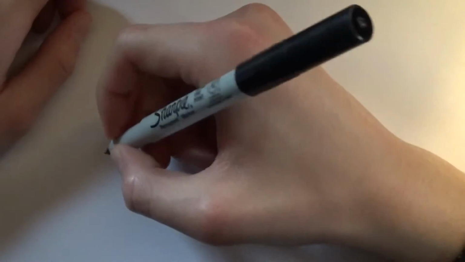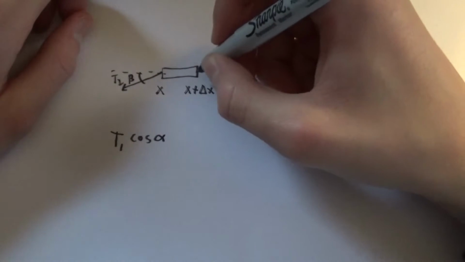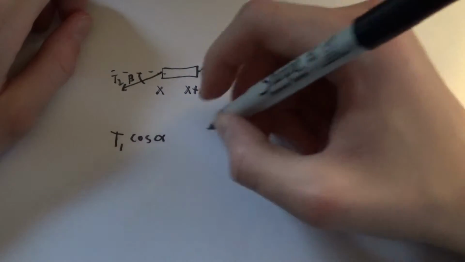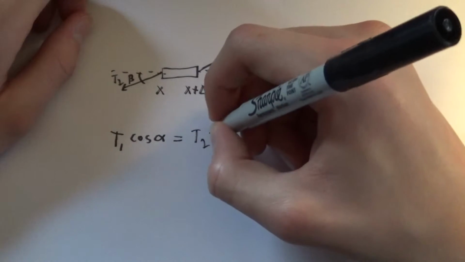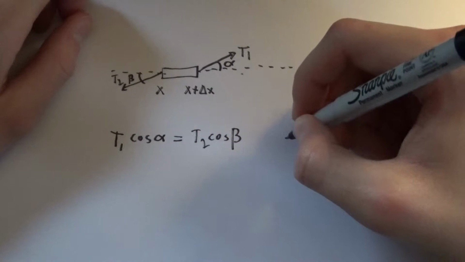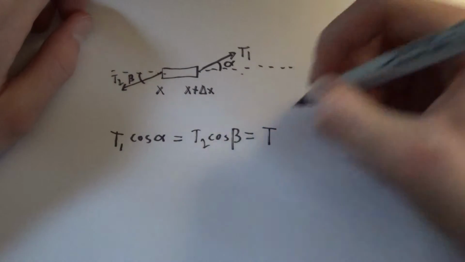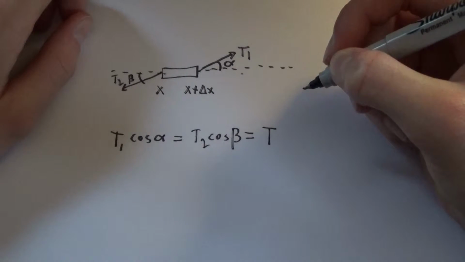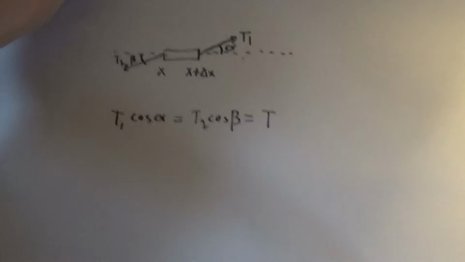So what we can write is that T1 cosine alpha, which is the horizontal component of the tension 1, must equal T2 cosine beta. But we can also say that that is also equal to the actual measured tension of the wire. Okay? Alright. So now what we can do is, we keep moving.